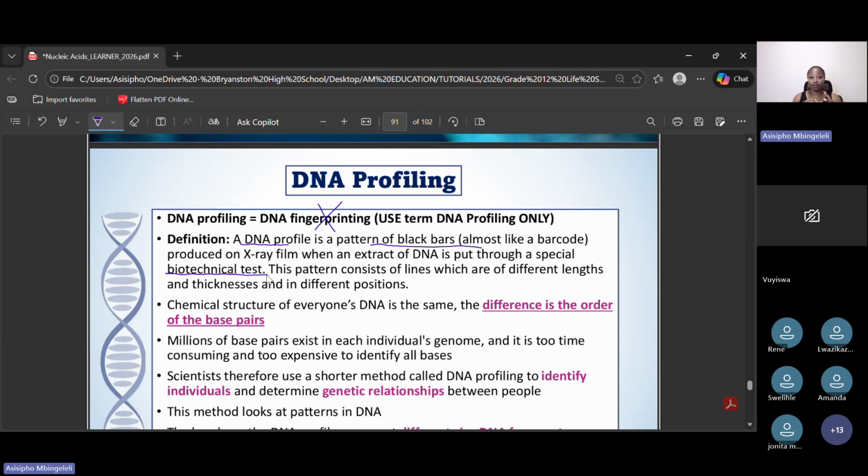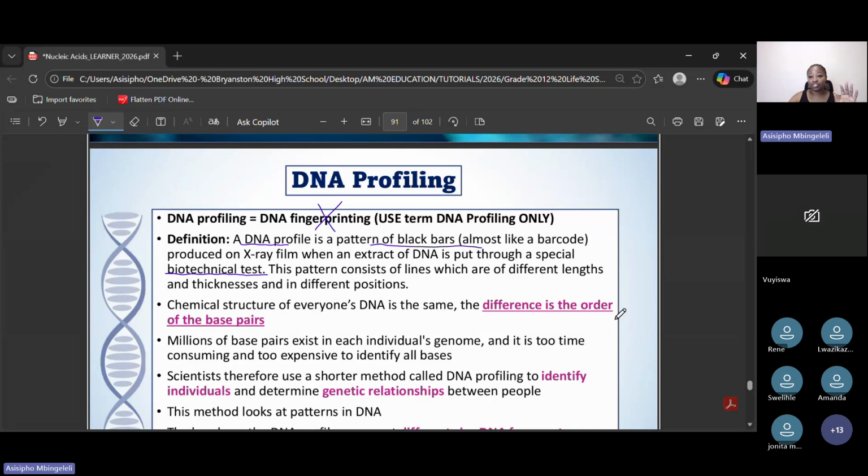The only people that have the same DNA is identical twins. So if you're an identical twin and they run your DNA and they're trying to figure out who committed a crime, it's going to be difficult for them to prove which twin it is because their DNA is the same. They are from the same sperm cell and egg cell, hence their DNA is the same.